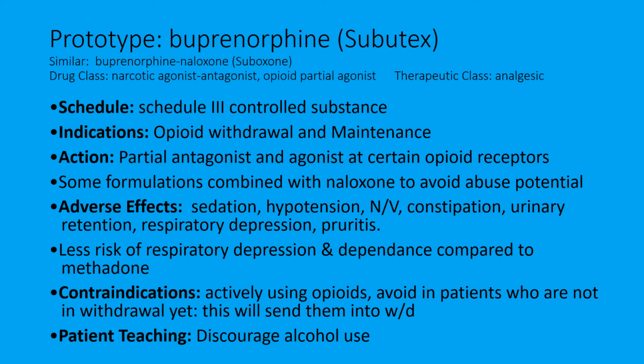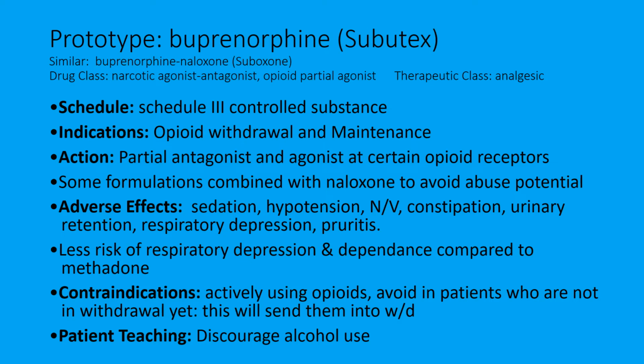They'll go from a full agonist like heroin or morphine, and if you were to replace it before they even went through a bit of the withdrawal process, you would put them in acute withdrawal with this drug. So they have to be in some degree of withdrawal already before starting this medication. Okay? And then they can continue on this medication as the opioid that they'll receive at a clinic. Okay?